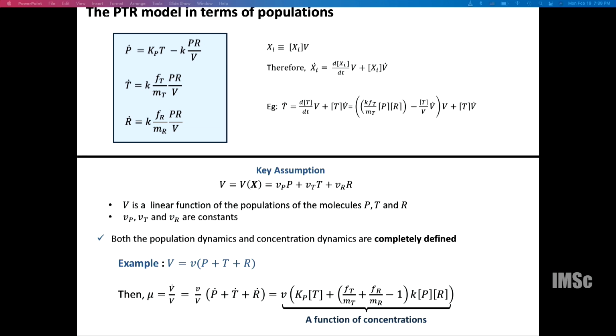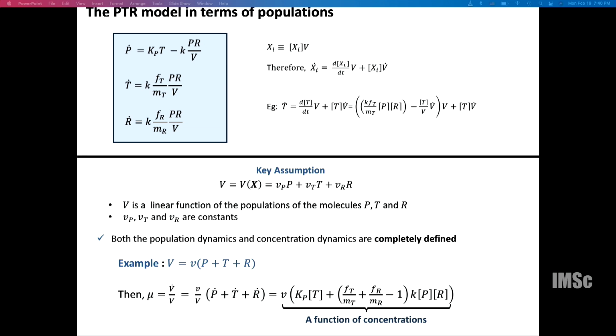But notice that V dot by V, which is also called the growth rate of the cell, is not given directly in terms of the concentrations. Why? Because V is this expression, so V dot is simply this.